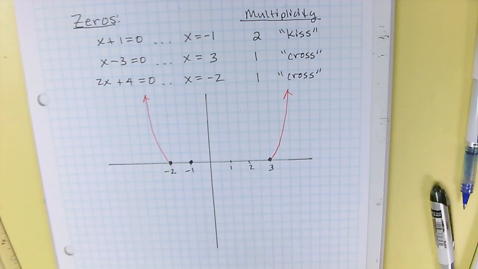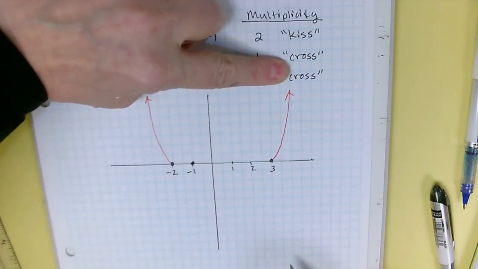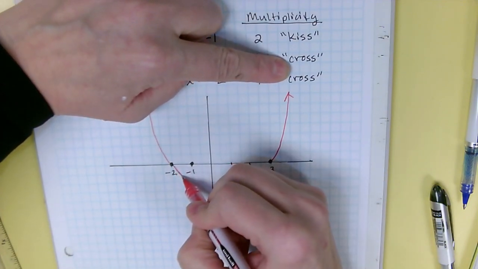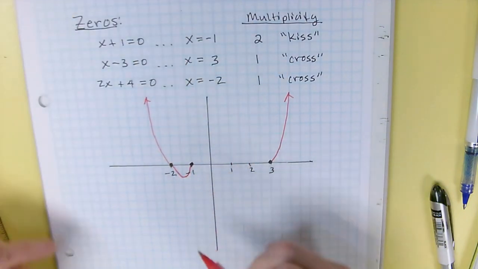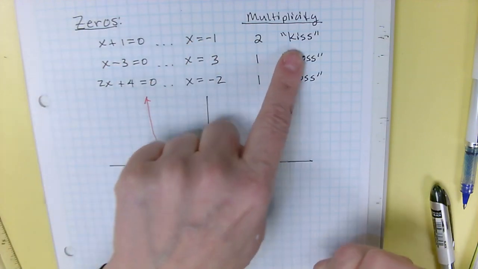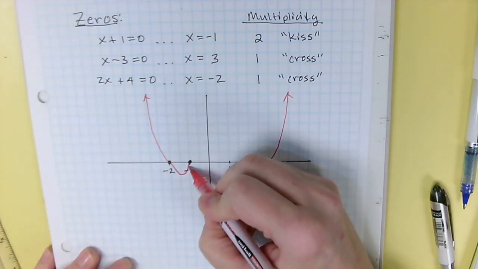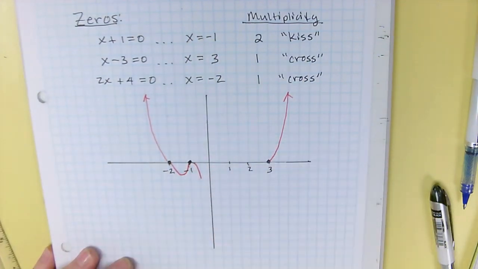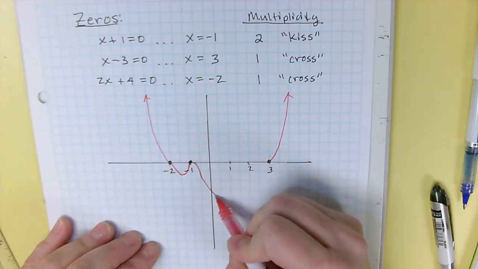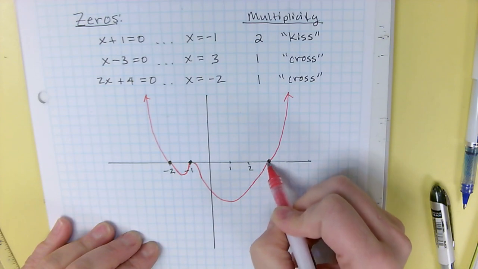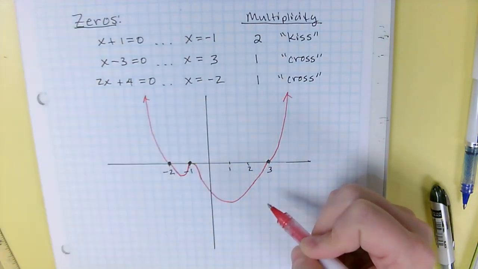Now we're going to obey the rules of multiplicity. At -2, it's a cross, so we're going to cross and go back up to the -1. At -1, it's going to kiss. It touches at -1 and turns around and goes the other way. And then at +3, it's going to cross.